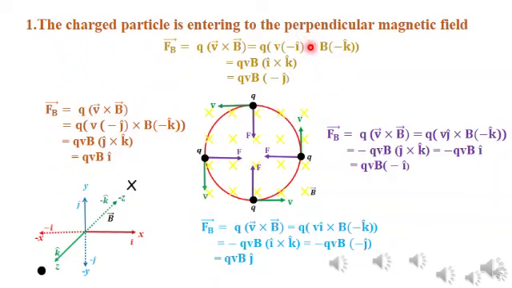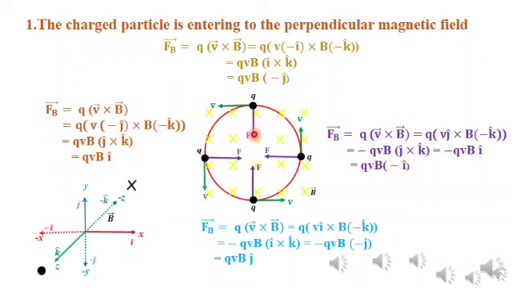After cancelling the minus sign and taking the magnitudes out, the expression of the force becomes qvB into i cross k. But i cross k is minus j. So the expression of the force becomes qvB into minus j cap. Since the unit vector of the force is minus j cap, it is clear that the force acts in the minus y-axis, meaning in the downward direction.